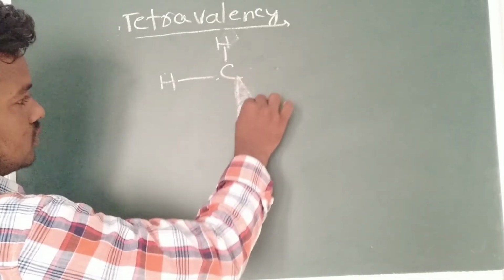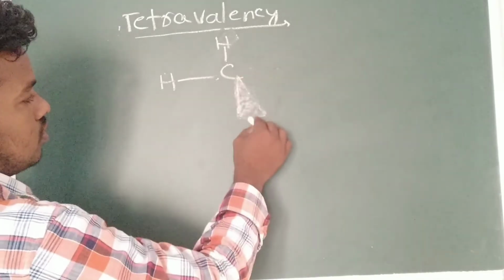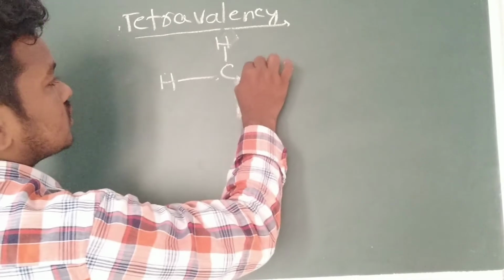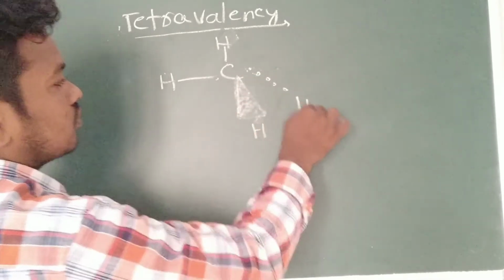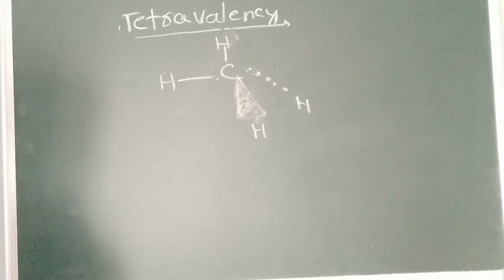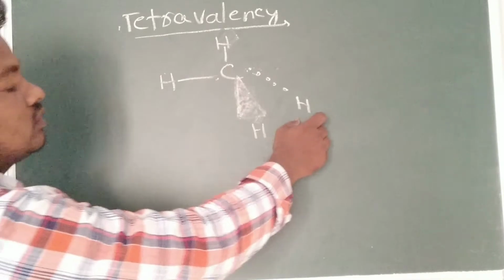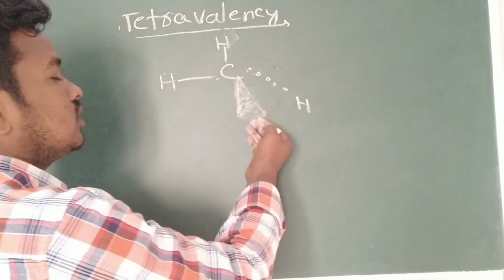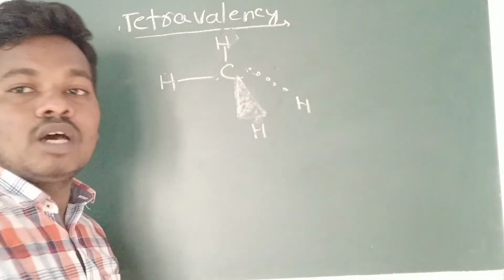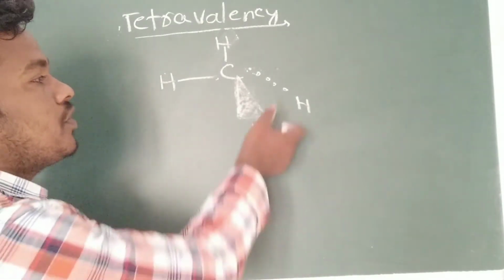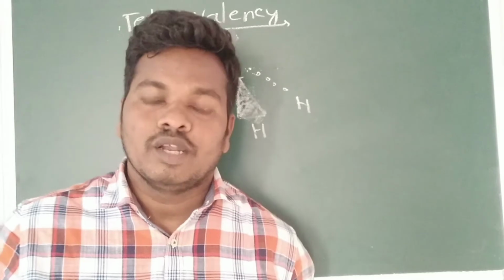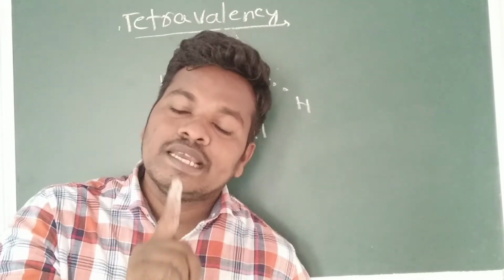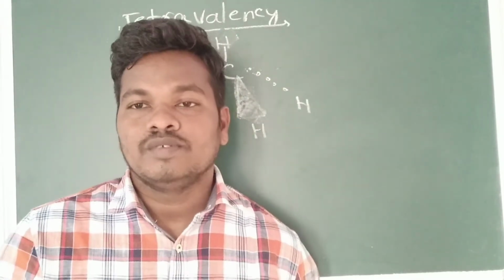This is called the methane structure. Whatever it may be, these are all called sigma bonds. If it is forming a single bond, that is called a sigma bond.